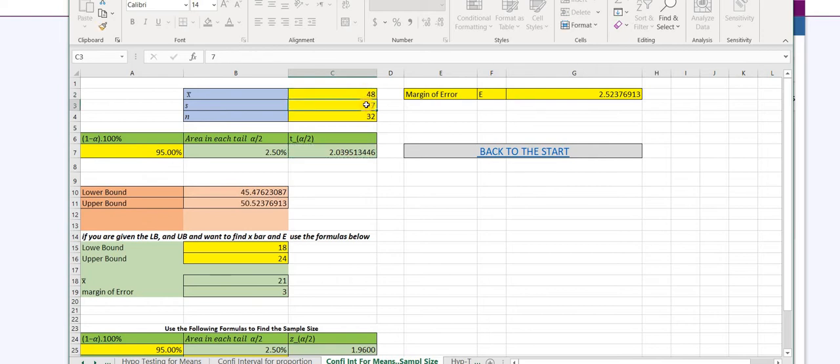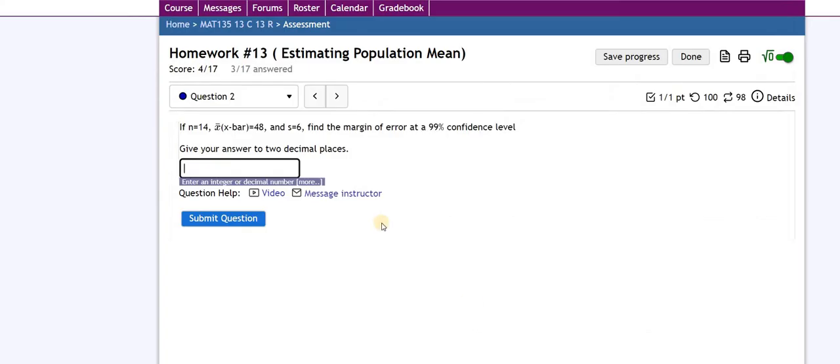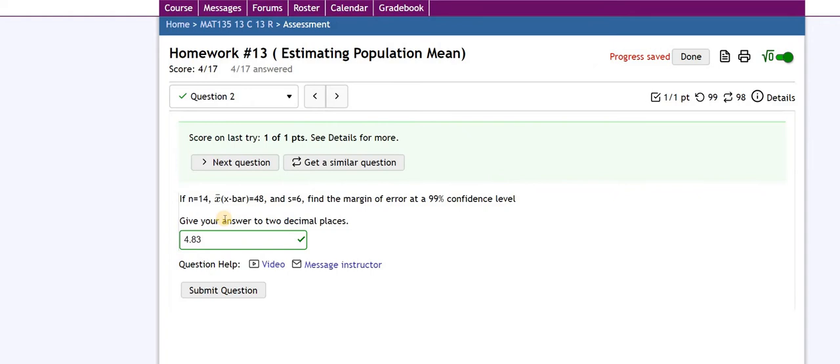S, which is the sample standard deviation, is 6. N is 14. And then the level of confidence is 99%. The margin of error is going to be this number. And the question says to round it to 2 decimal places. So I'm just going to paste it and round it afterwards. I'm going to eyeball it, and I see that it rounds to 4.83.